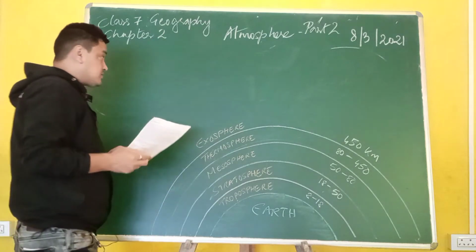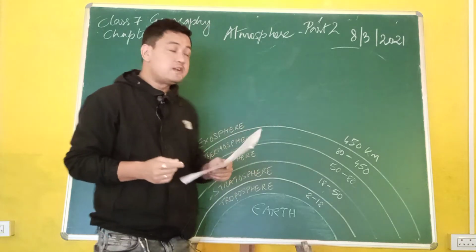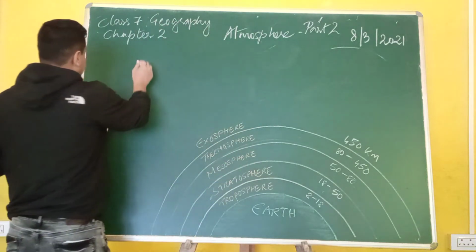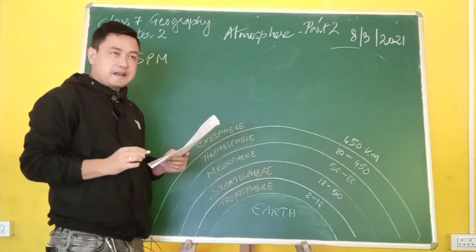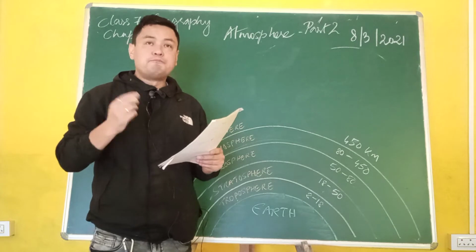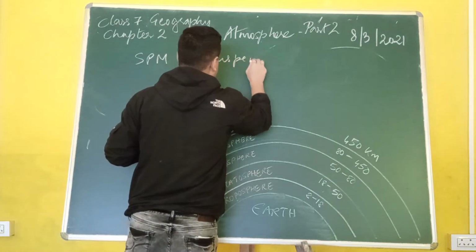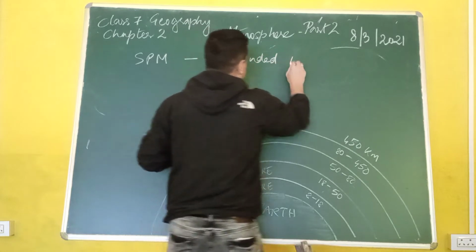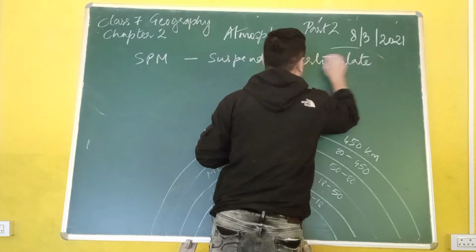So aerosols are made of SPM plus water. What is SPM? SPM, which is part of the composition of the atmosphere, is suspended particulate matter.